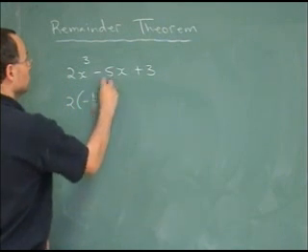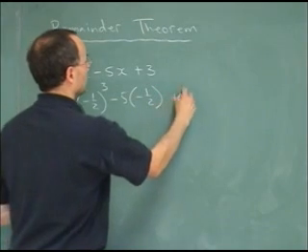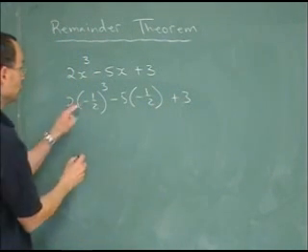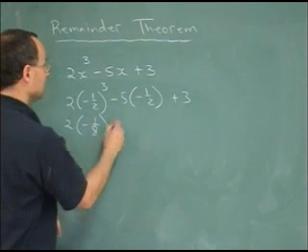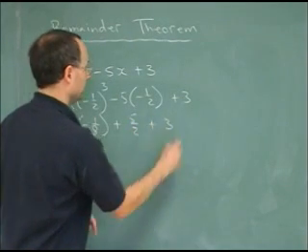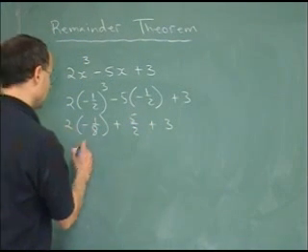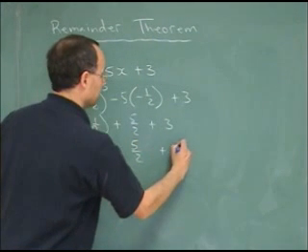Negative 1/2 cubed minus 5 times negative 1/2 plus 3. It's got a little bit of number crunching to do. Negative 1/2 cubed would be negative 1/8. This would become positive 5/2 plus 3. I can divide the 2 into the 8, so I have negative 1/4 plus 5/2 plus 3.